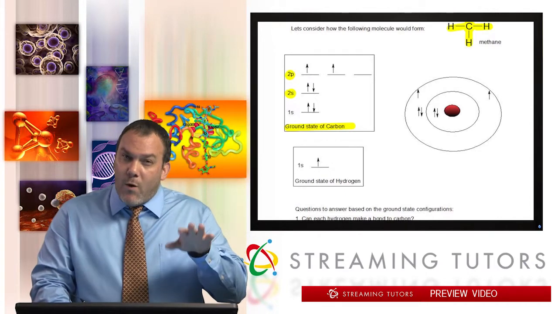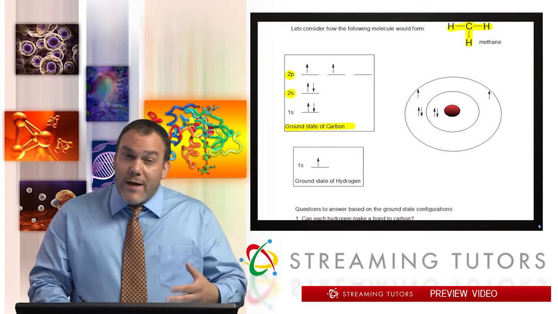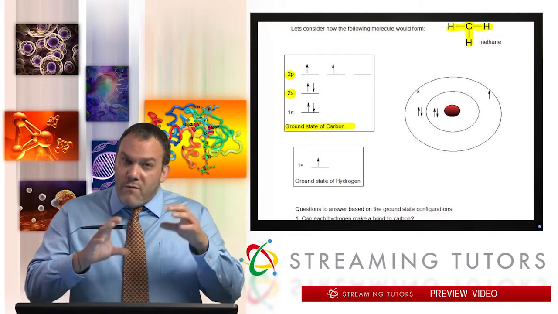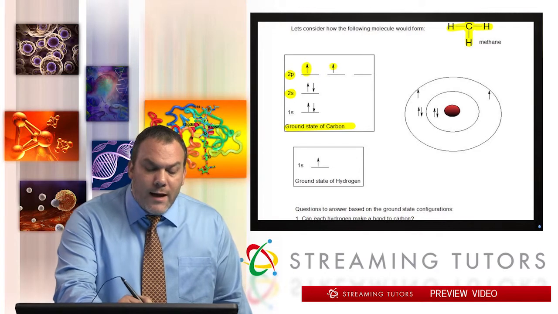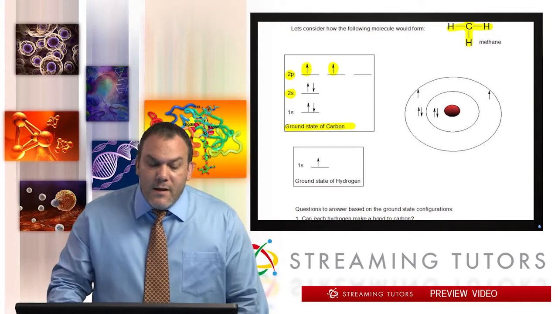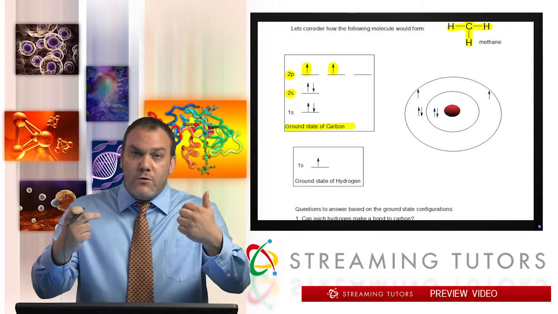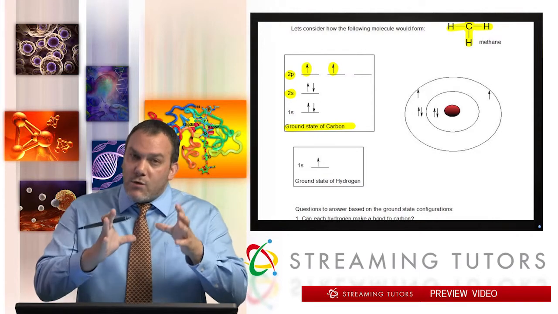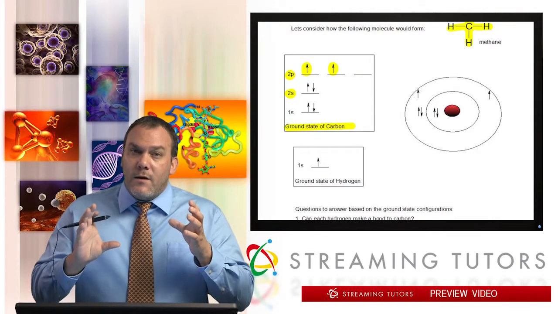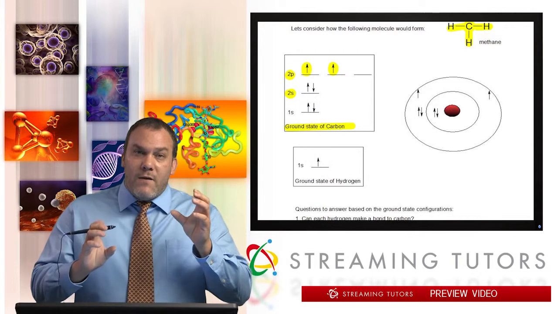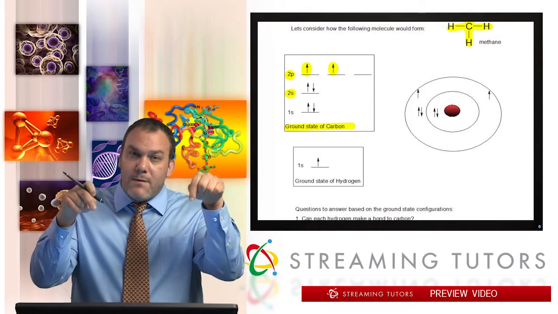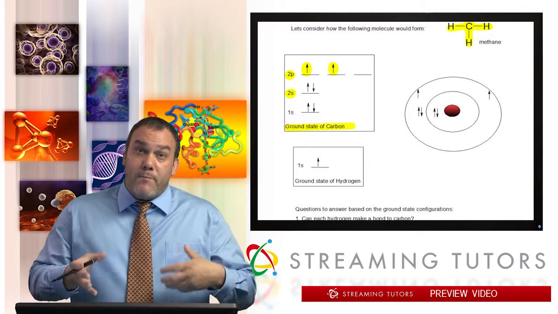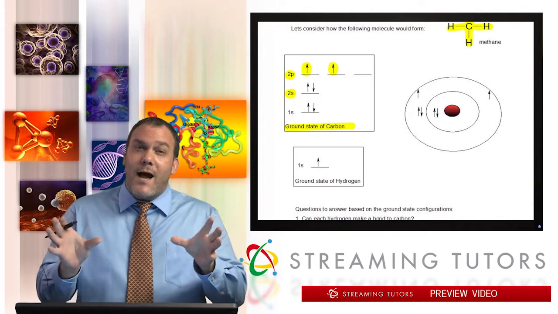We don't really care about the 1s as much as the 2s and the 2p. Notice that when you fill in these electrons, carbon has 2 electrons in its p's that are ready to take 2 new electrons in. Remember, each orbital can have only 2 electrons. So if carbon has 2 electrons, 1 on each p, then both of those p's can make bonds to some other atom that would bring an electron into that slot, right?